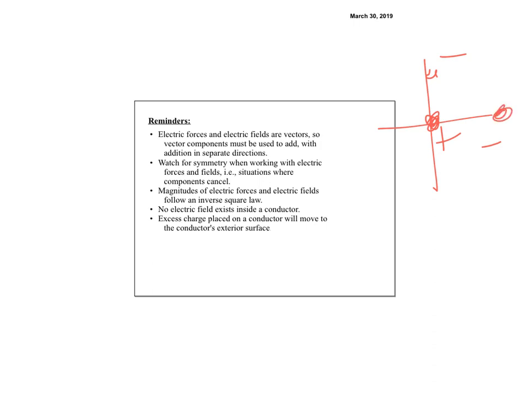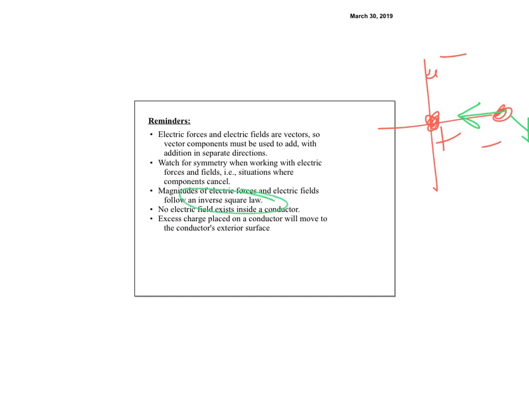So this one would point negative to positive like that, and then this one up here would go down. I guess there's nothing that really cancels on that one. But they will sometimes have it. So if you look at it, there's some symmetry, you might have some canceling on it. That one doesn't. Sorry. Magnitudes of electric forces and electric fields follow the inverse square law.